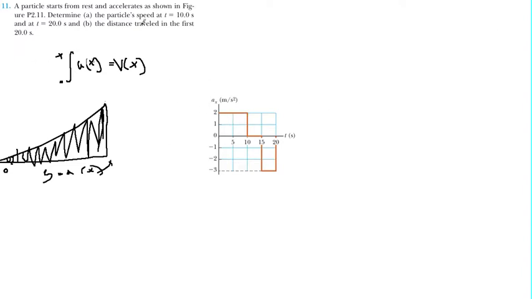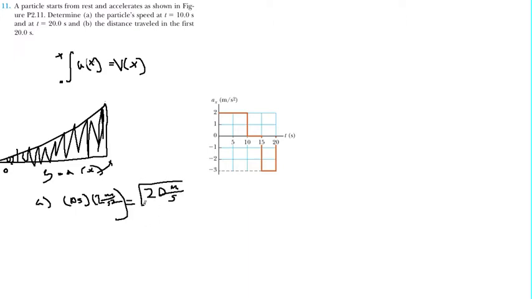So for A, now that we know our little lesson about definite integrals, the particle's speed at t equals 10 seconds: from 0 to 10, we want to find the area under that little rectangle. So 10 seconds times 2 meters per second squared, that's going to be equal to 20 meters per second.